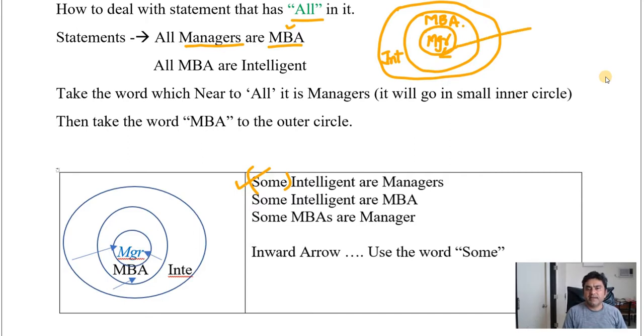Yes, some intelligent are manager is correct. Some intelligent are MBA, again draw an inward arrow, and yes, this is also correct. Some MBA are manager is also correct. So remember, the inward arrow is used when some is involved in your conclusion.